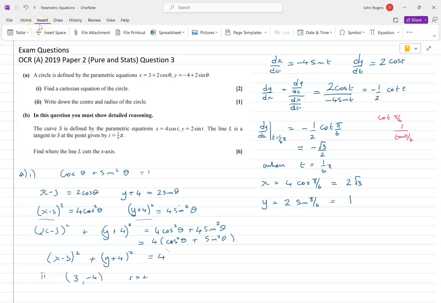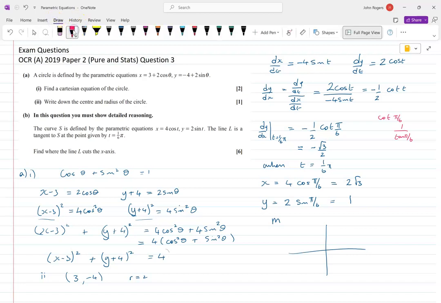Okay, so we've got all we need here really to work out the equation of our line, because don't forget where we were. We've got some ellipse kind of shape. You don't need to actually, but it's useful to picture it, but you don't need the sketch. And what we're doing is finding out where this crosses, which involves finding the equation of this, and then equating y equals 0.